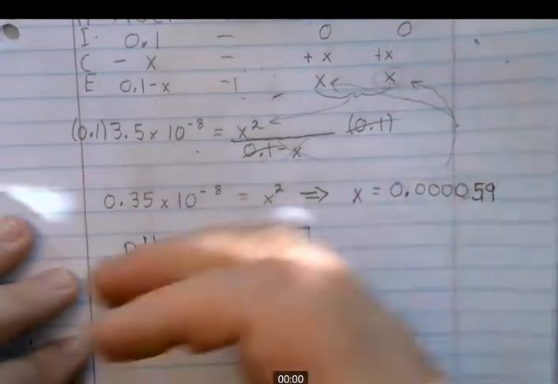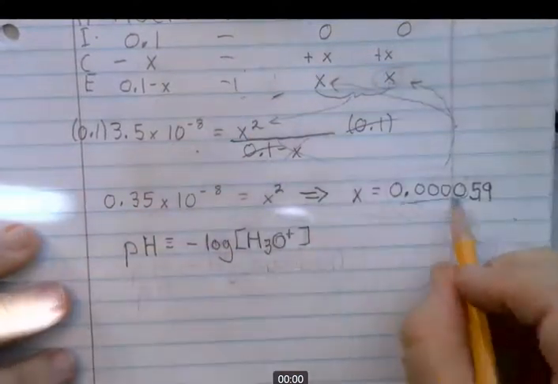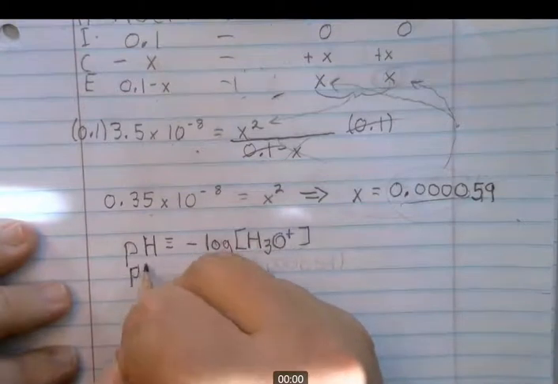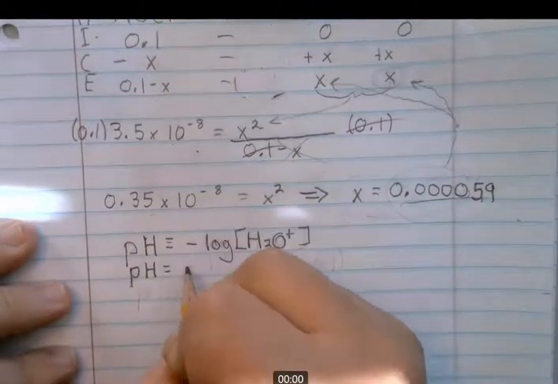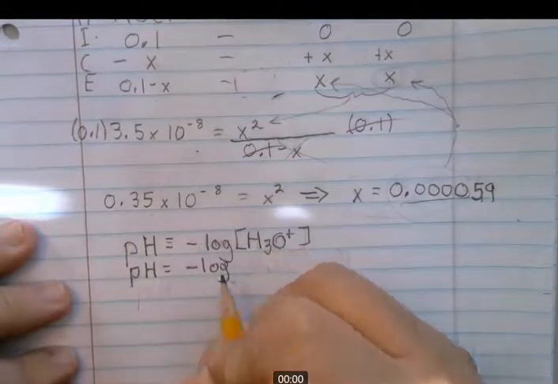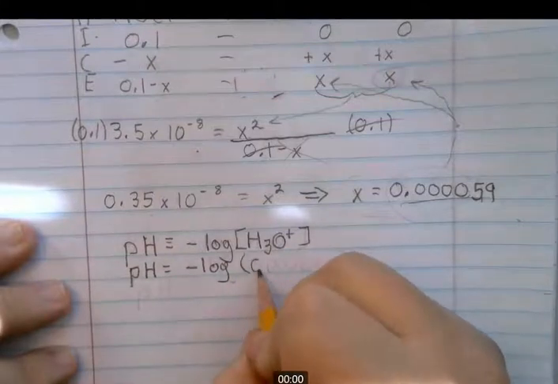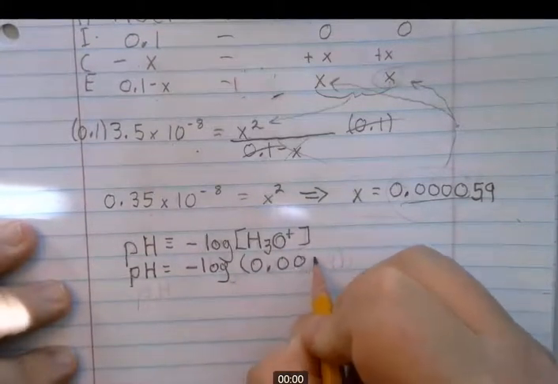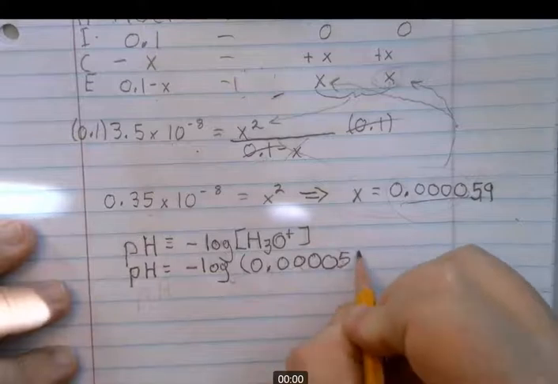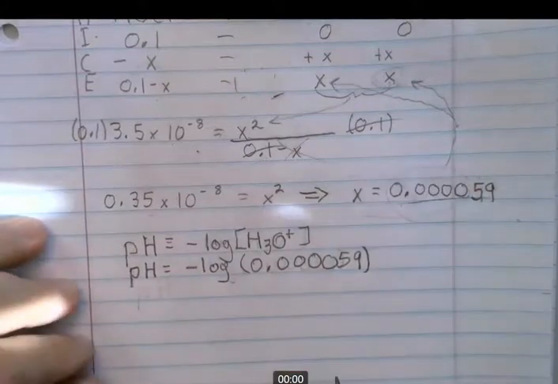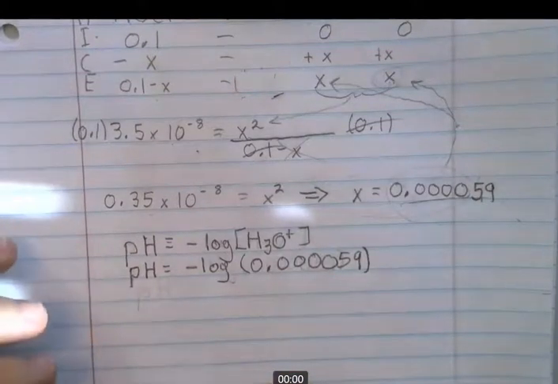So now we can plug in the number here, this number. You got to use parentheses, not square brackets. Okay, and go ahead and do this on your calculator.